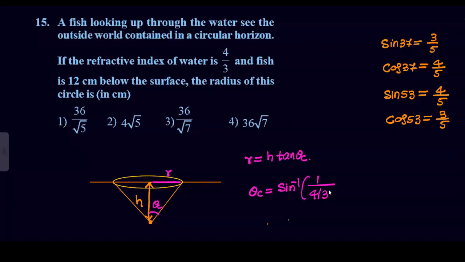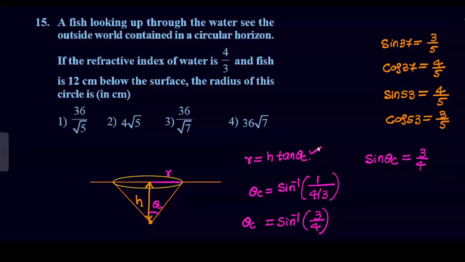So theta c is sine inverse of 3 by 4. From this, the sine theta c value is 3 by 4, and we will get tan theta c from the triangle.